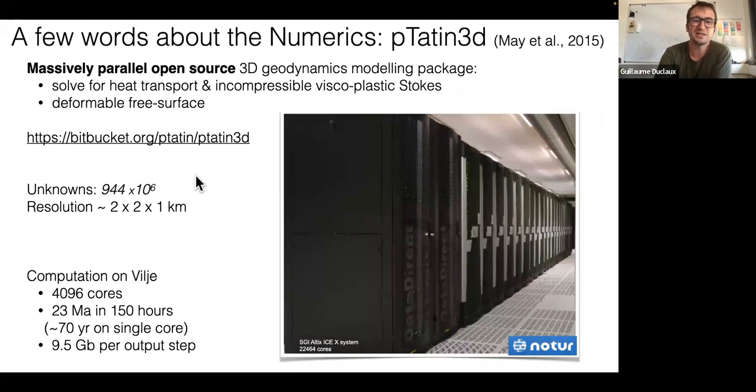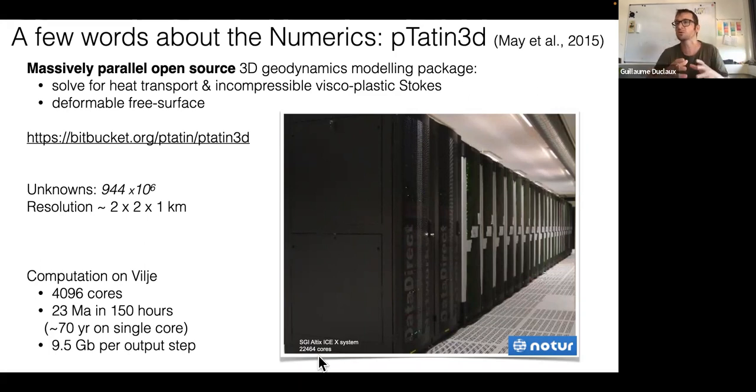And it means that we have to solve for pressure and velocity and temperature, so about 1 billion unknowns in this code. This was run on a supercomputer in Norway, in Trondheim, called Vilje, on 4,000 cores, and it computed in 150 hours.